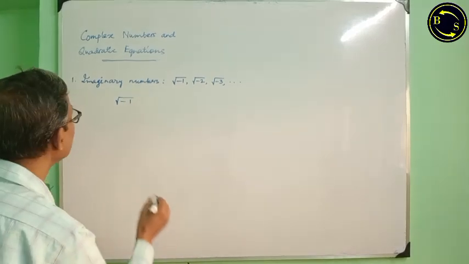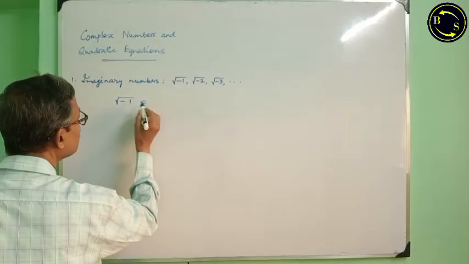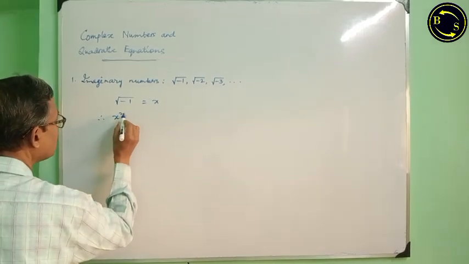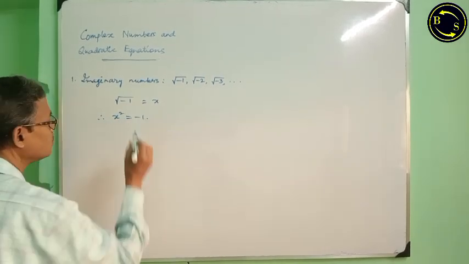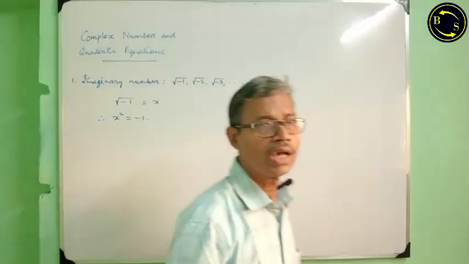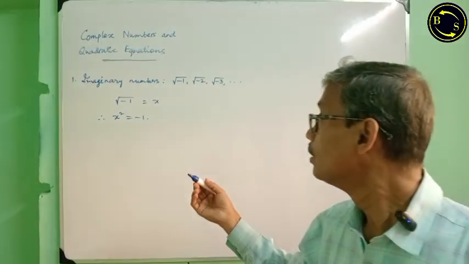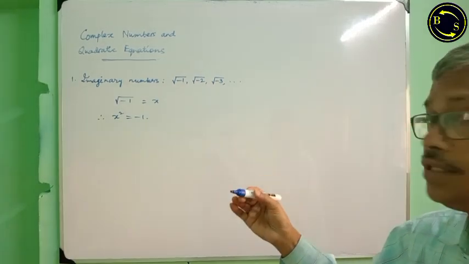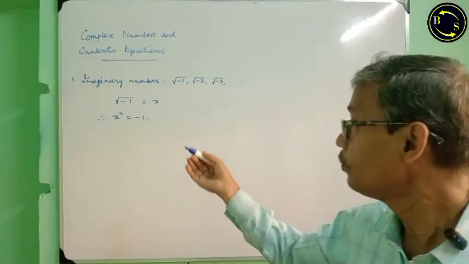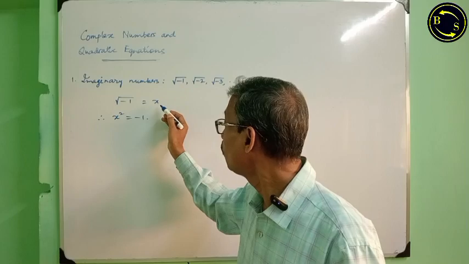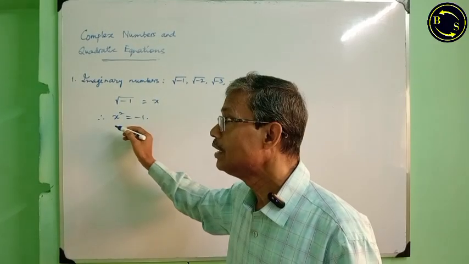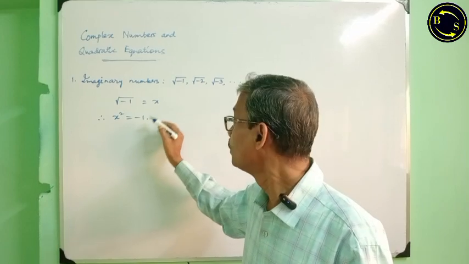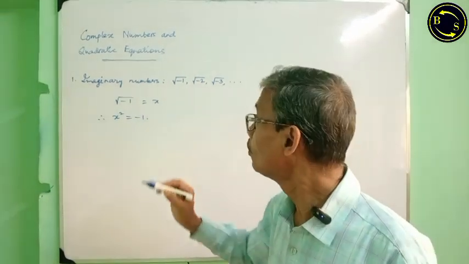Why is it an imaginary number? If I take it as x, then x square is equal to minus 1. Already I have mentioned that if the square of a number is a negative number, here we find the square of x is minus 1, which is negative. Therefore, this x is called an imaginary number.